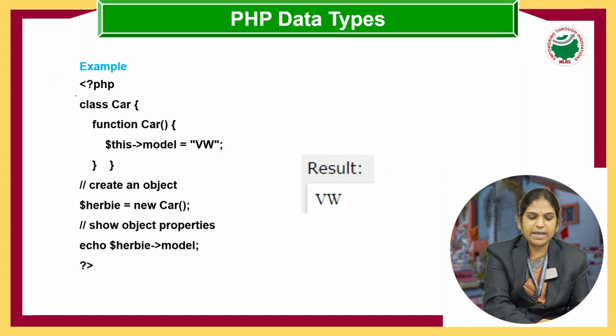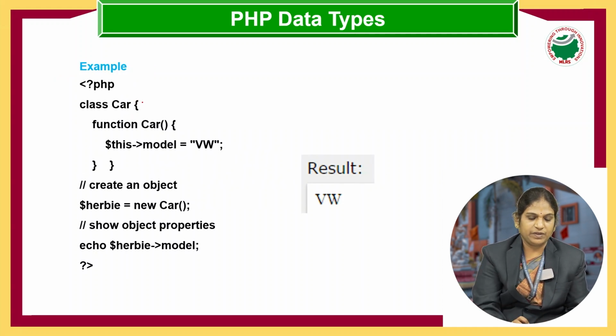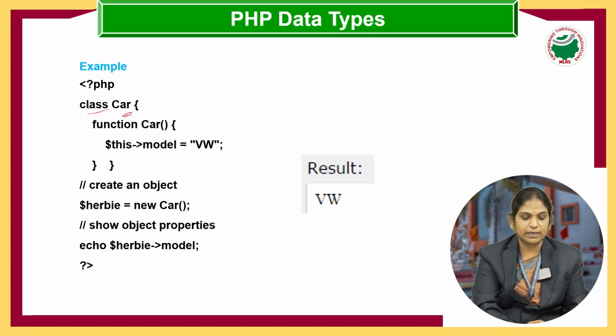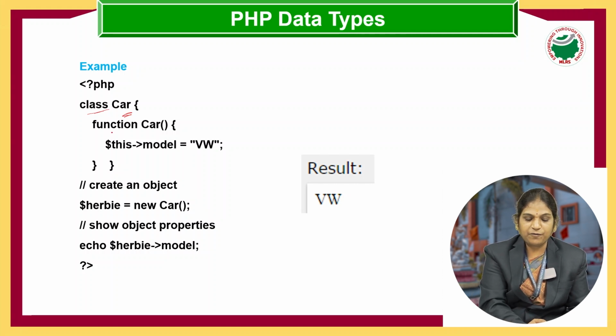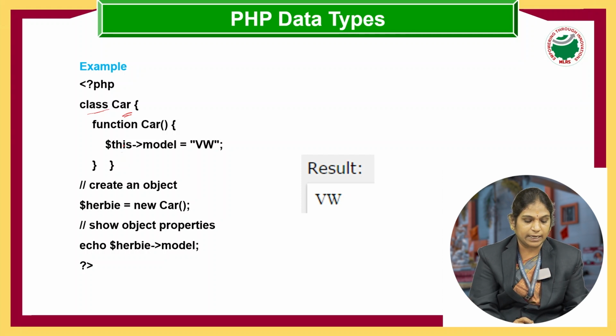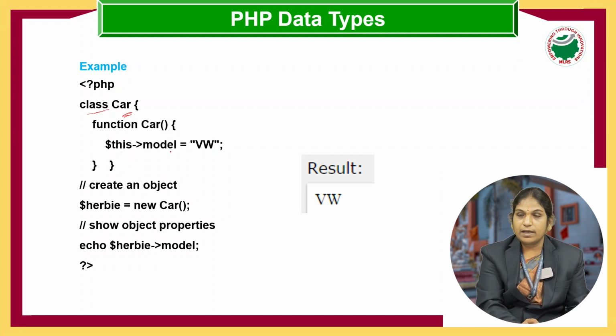So here PHP class Car we have declared, and the class name is declared by prefixing the keyword class. So class Car. Now Car is the class, and function Car, and this is the keyword used to refer to the current object. This model equal to VW, and create an object.